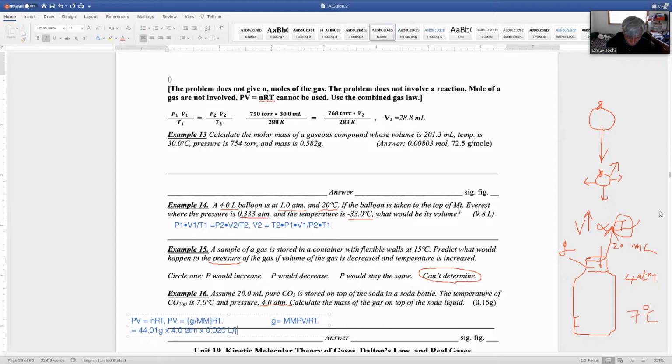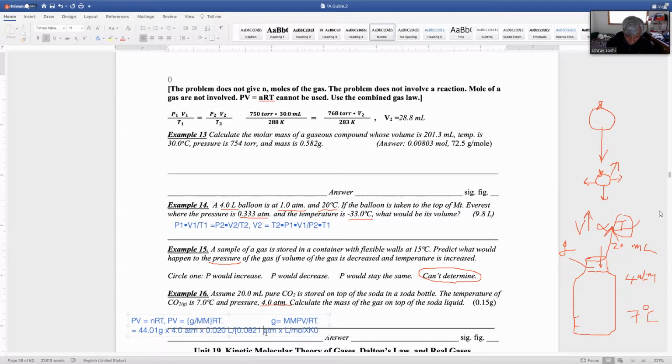R and T. So R is, which one are you using? We are using atmosphere, so we are going to use 0.0821 atmosphere multiplied by liter divided by mole multiplied by Kelvin. And that I put in the parenthesis.